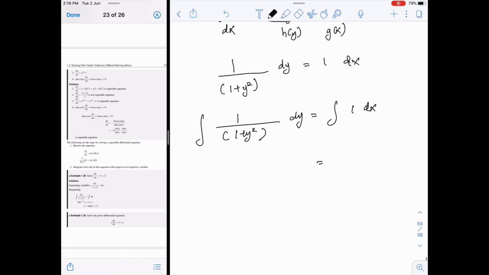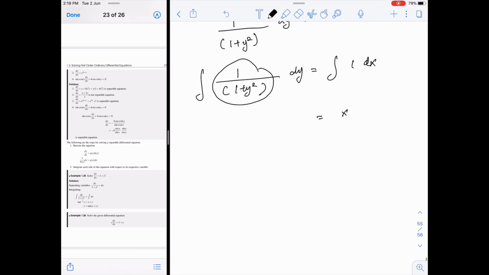The right hand side is very easy because you will have a direct integration. You may refer to the table given later in the module, or you may refer to the internet. Integrating 1 gives you x. For the left side you need some knowledge, and you may refer to the table.